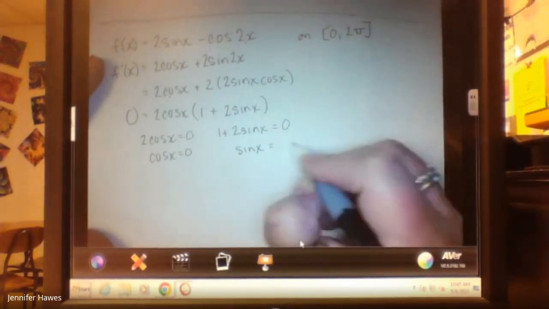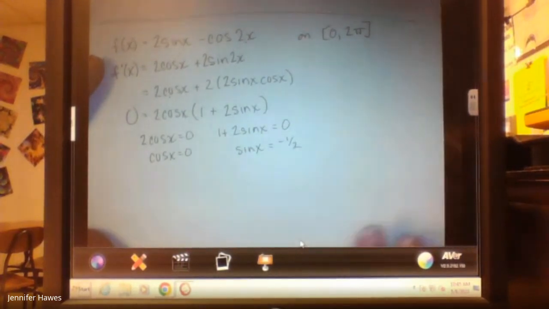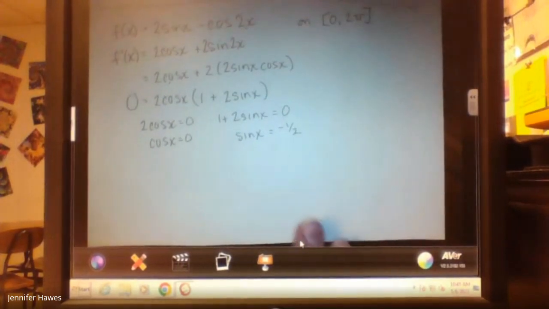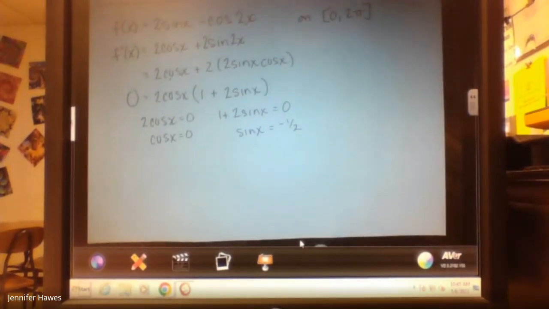This one, are we good with negative 1/2? Okay, so where's cosine 0?